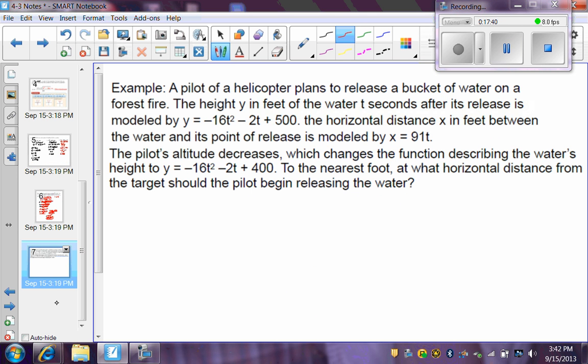Now we have a pilot of a helicopter who plans to release a bucket of water on a forest fire. The height, y, in feet of the water t seconds after release is modeled by, so I'm going to go ahead and write that out, y equals negative 16t squared minus 2t plus 500. The horizontal distance x in feet between the water and its point of release is modeled by x equals 91t.